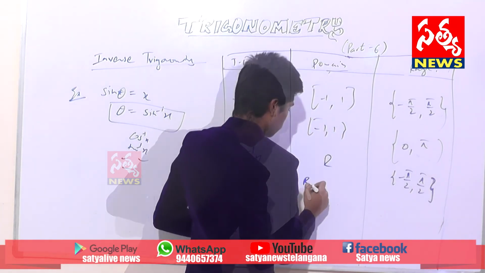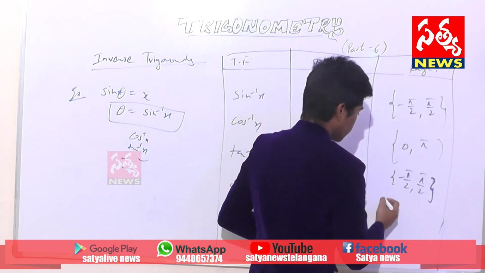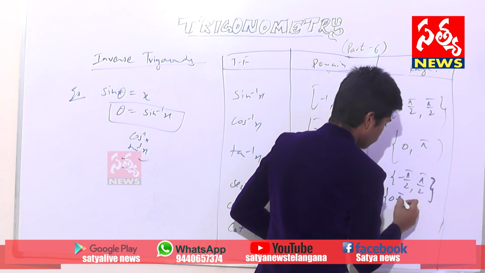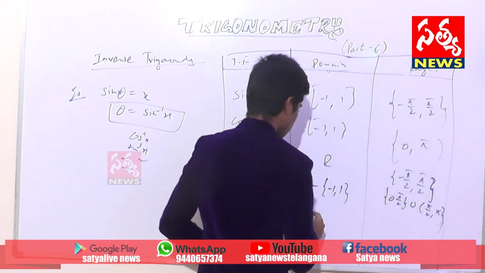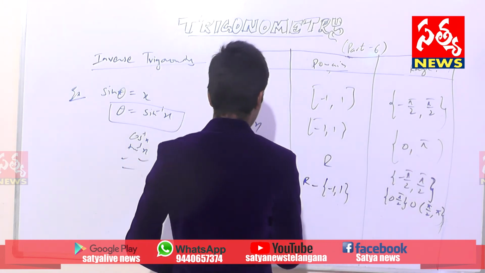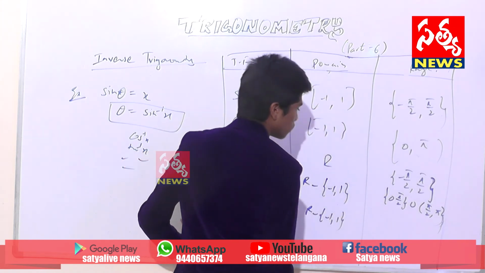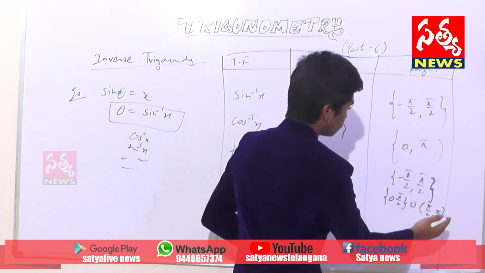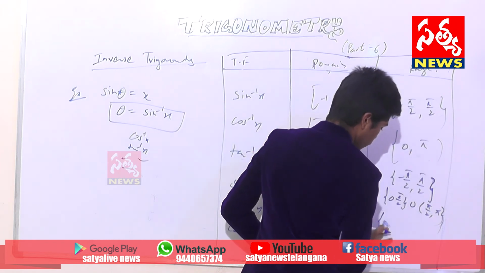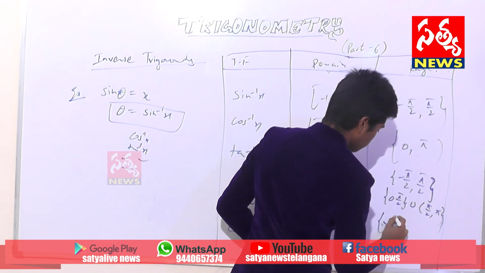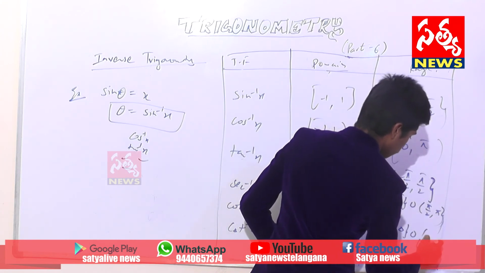Next is secant. Domain is R minus -1 to 1, and the range is from 0 to π/2 union π/2 to pi. The next, cosecant inverse. Domain is R minus -1 to 1, and the range is from -π/2 to 0 union 0 to π/2.